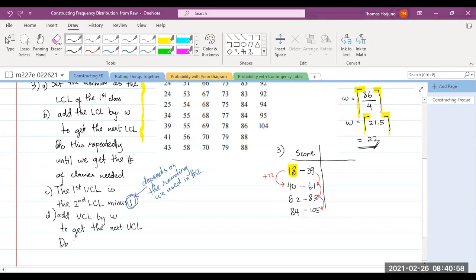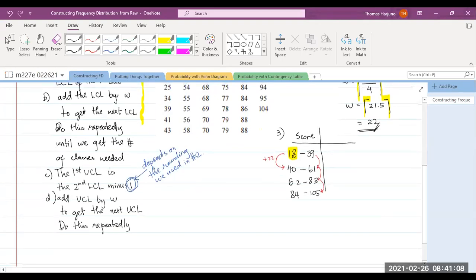Do this repeatedly until we get the upper class limit for all classes. Okay, now that's the setup.